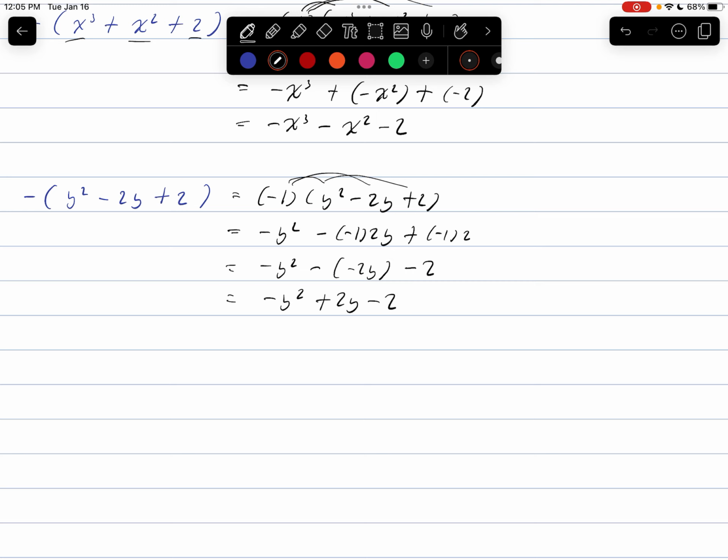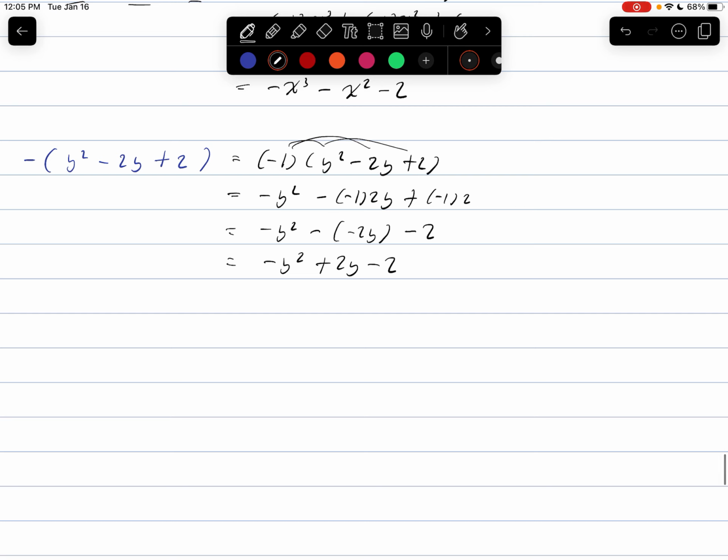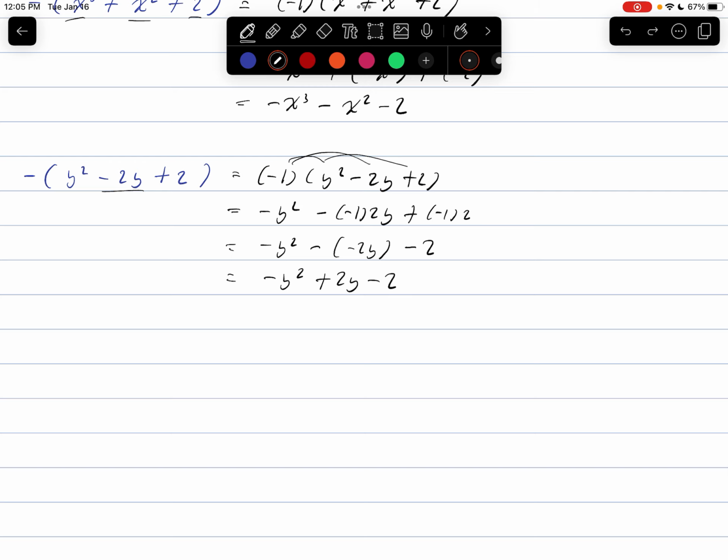So again, what we see here is that we've just changed the sign of everything on the inside of the parentheses. The y squared became a negative y squared, the -2y became a positive 2y, and the 2 became a -2. Okay, so anytime you see a negative sign out front, all that means is, if you want to make it faster for yourself, you can just change the sign of everything on the inside.